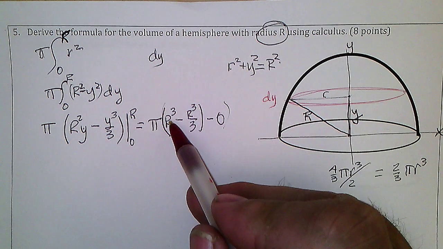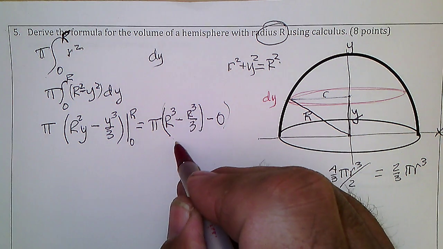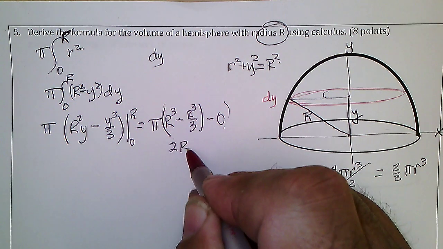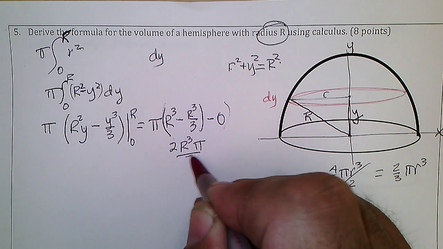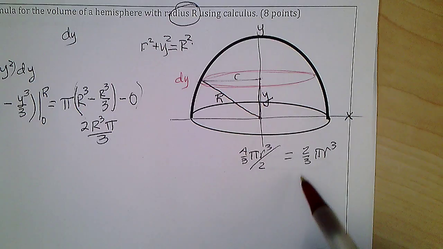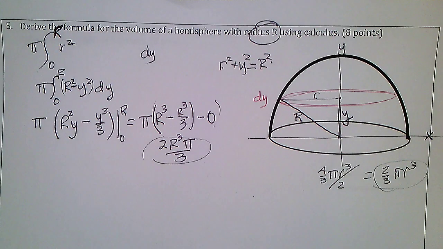And so R to the third minus a third of R to the third is 2R to the third times the pi over 3, which is the correct answer.